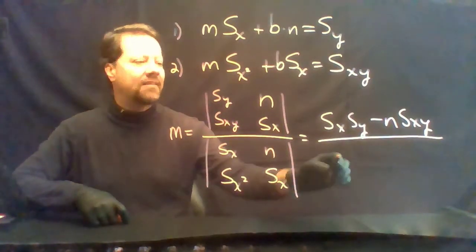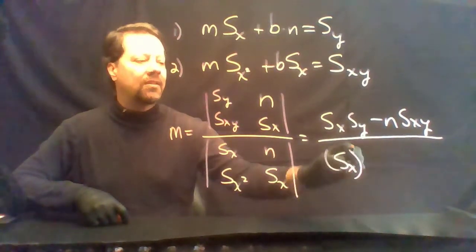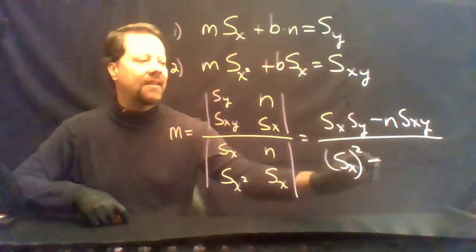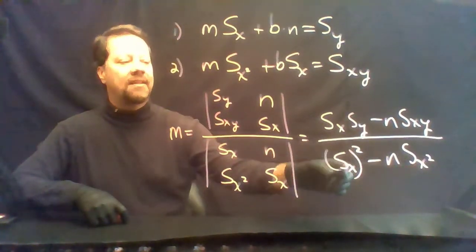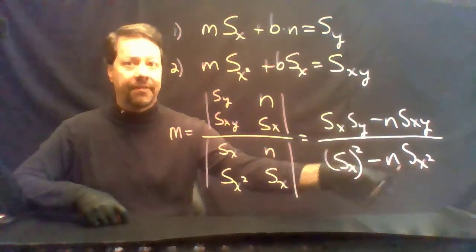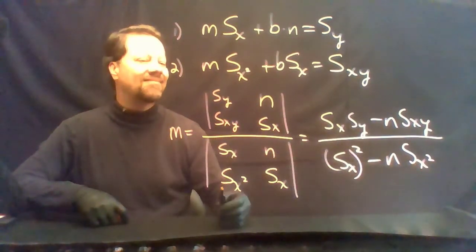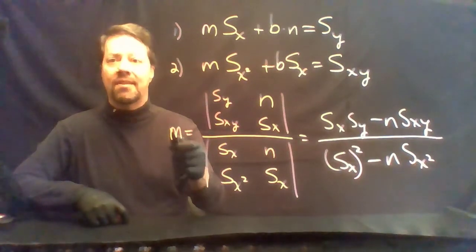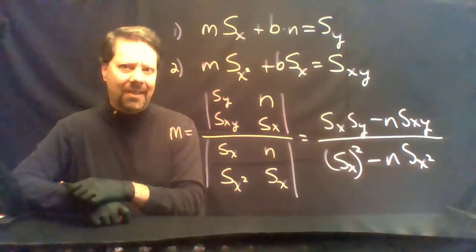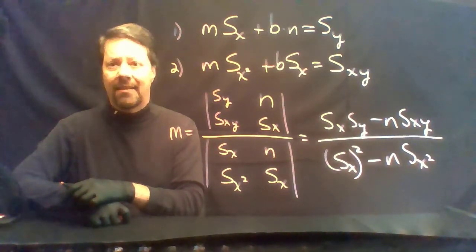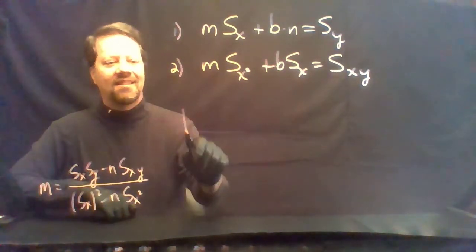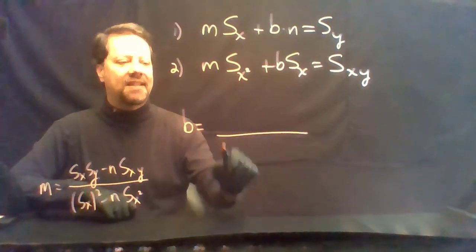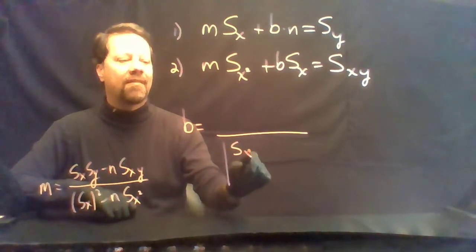In the denominator, we have Sx quantity squared minus n times Sx squared. And again, if you add the x's and then square, that's different from squaring and then adding them. So this gives us the slope of the least squares line of best fit. How about the intercept? The intercept b has the same denominator as before.